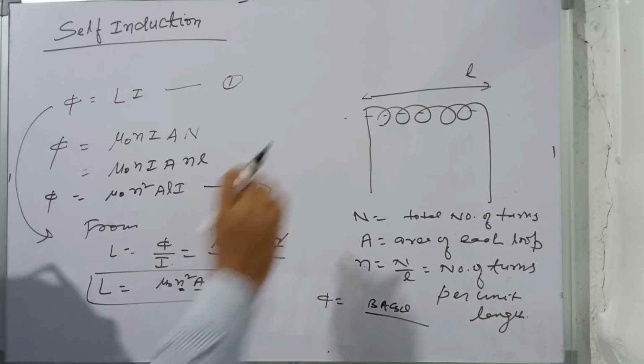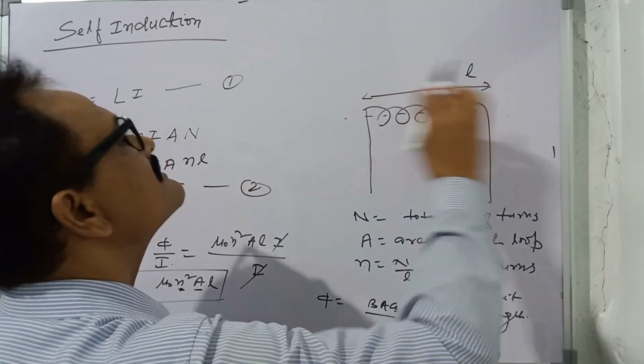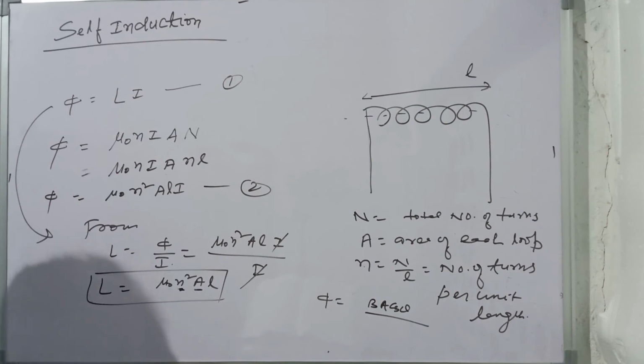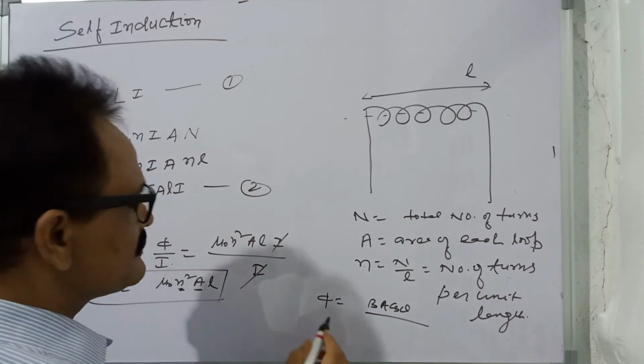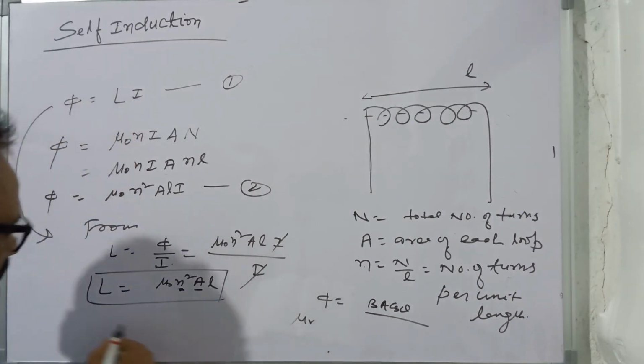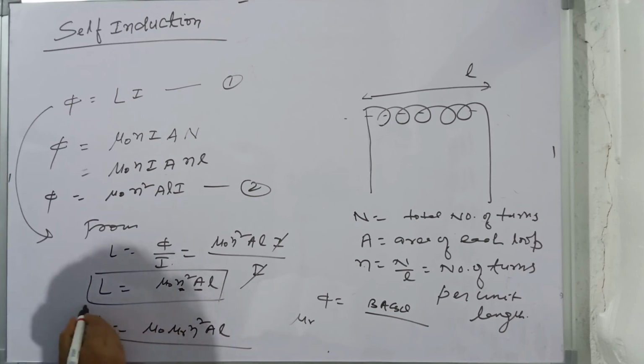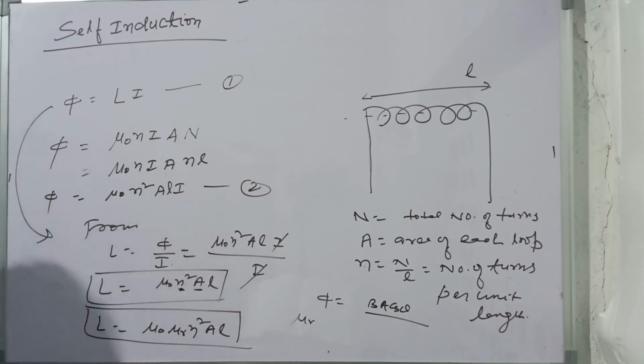If inside this solenoid we use a material whose relative permeability is mu r, then this L can be written as mu naught mu r n square A l. So this is the value of L for the self inductance.